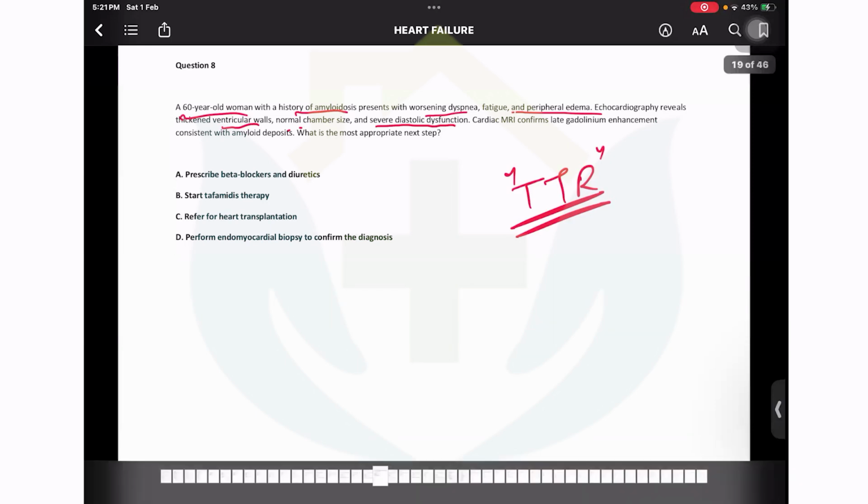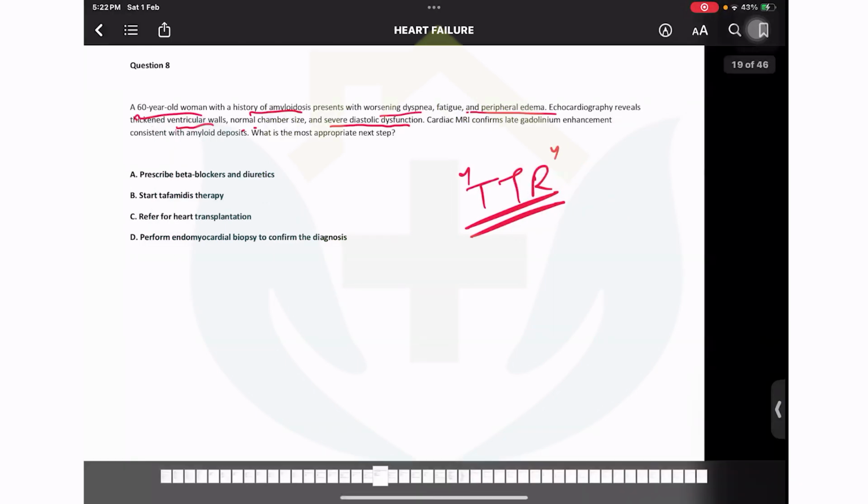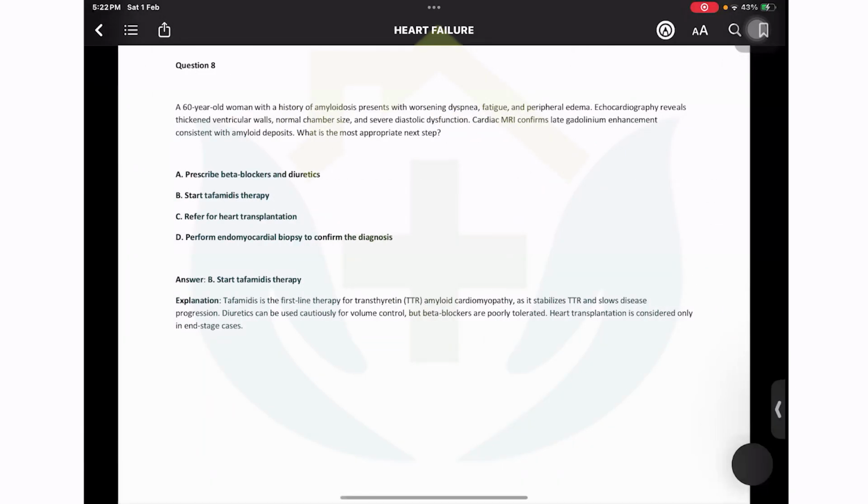Chemotherapy is available, tafamidis, which should be started as first-line therapy. In the meanwhile, you prepare the patient for heart transplantation, because she's a 60-year-old woman who still has a normal chamber size but severe diastolic dysfunction, and gradually she will need it.